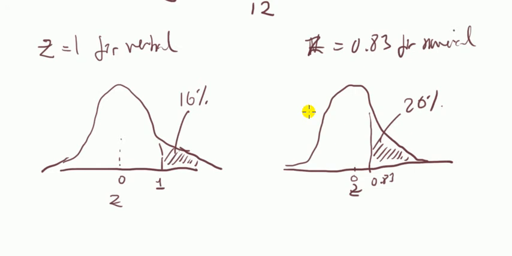Why? Because remember the untransformed scores: for the verbal, I said 55, and for the numerical I had scored 60. Without standardization, 60 is bigger than 55, so you'd think I have done better at numerical.